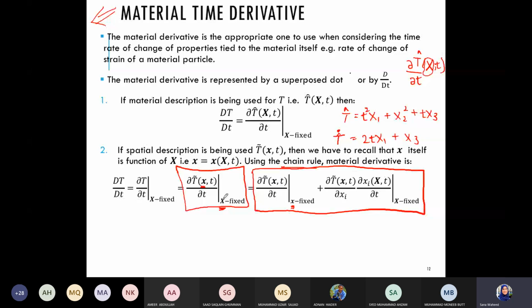So how do we find its derivative? This is basically the chain rule being applied: the partial derivative of the same function with respect to small x, plus the derivative of the function with respect to the variable we are changing, multiplied by the derivative of the variable that we're trying to replace.